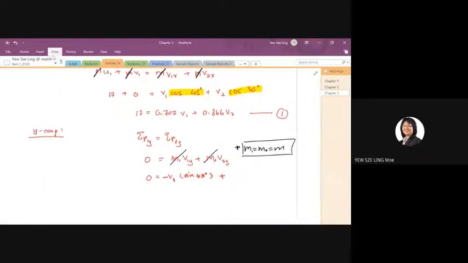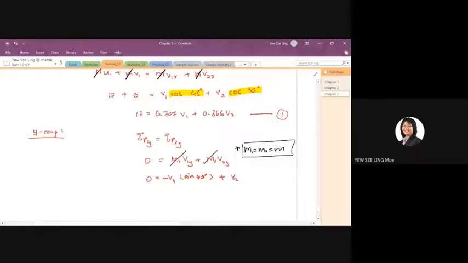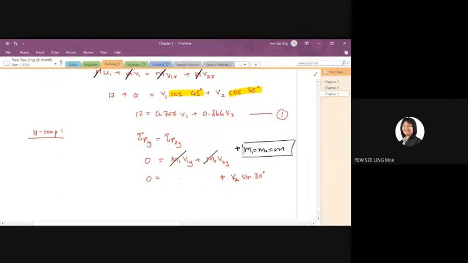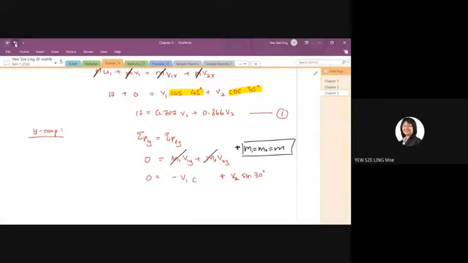Therefore, I have V2 sine 30 degrees. So you don't need to add a negative sign in front of V2. It is now a positive value. So just now, what do I have? I'm just going to rewrite it in a more tidy form. Negative V1 sine 45 degrees.